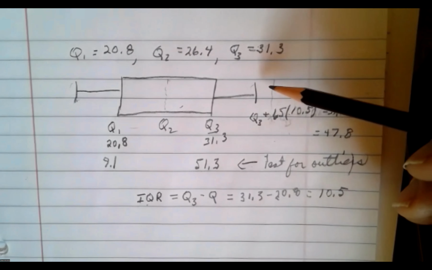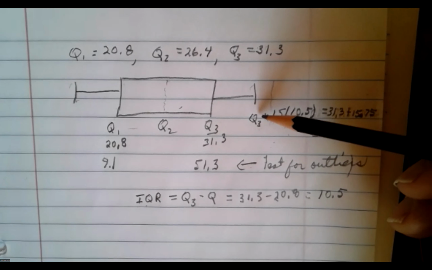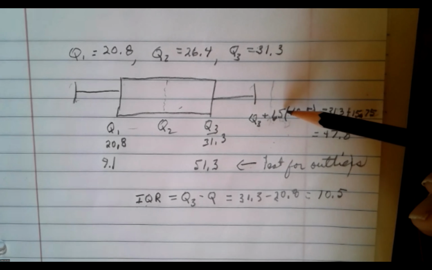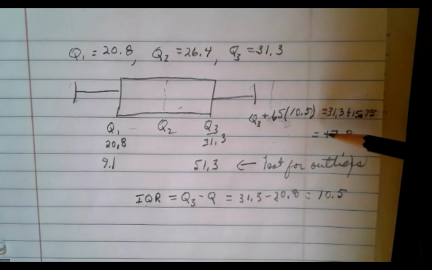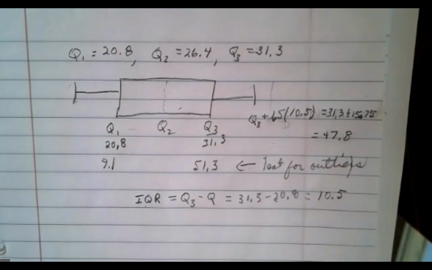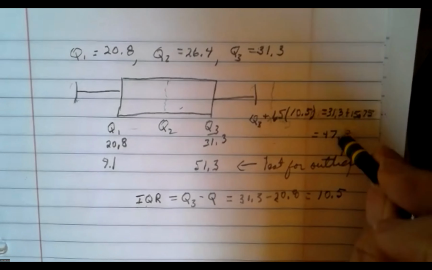I'm trying to find a threshold, because anything larger than Q3 plus 1.5 times IQR, okay, it comes out to be 47.05.